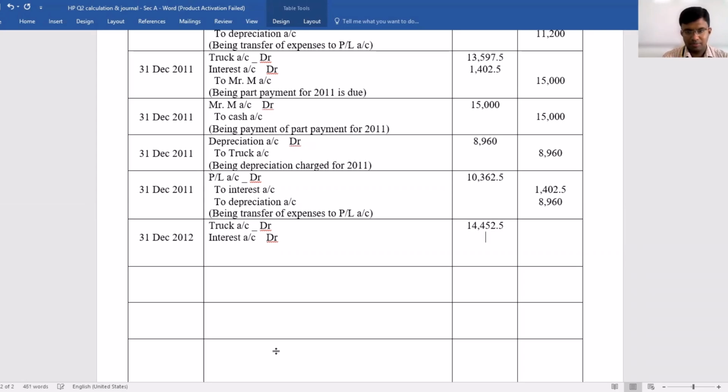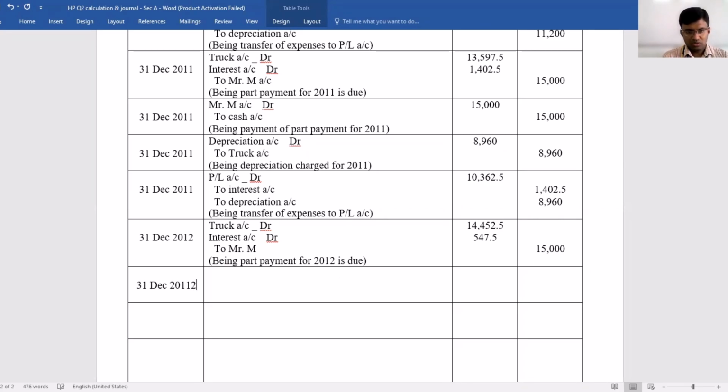Interest account debited, and the amount is 547.5, and the amount is becoming due to Mr. M, and the amount is 15,000, being part payment for 2012 is due.